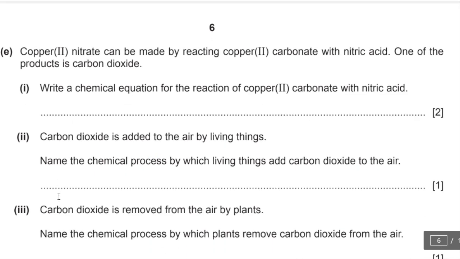Copper nitrate can be made by reacting copper carbonate with nitric acid. One of the products is carbon dioxide. Write a chemical equation for the reaction of copper carbonate with nitric acid.